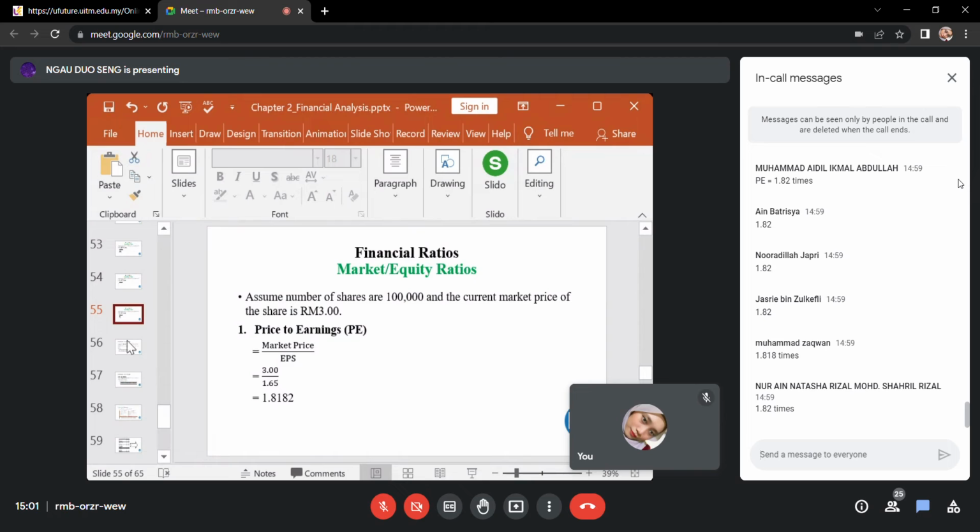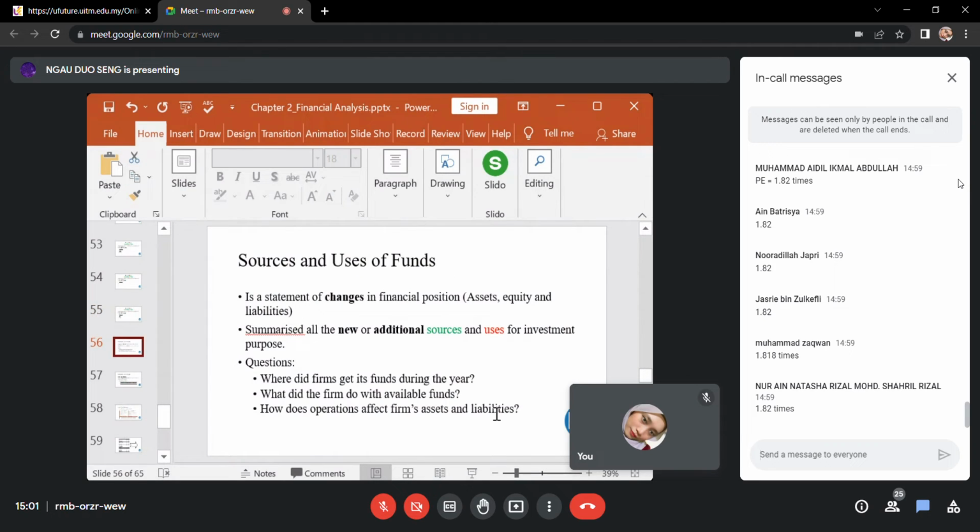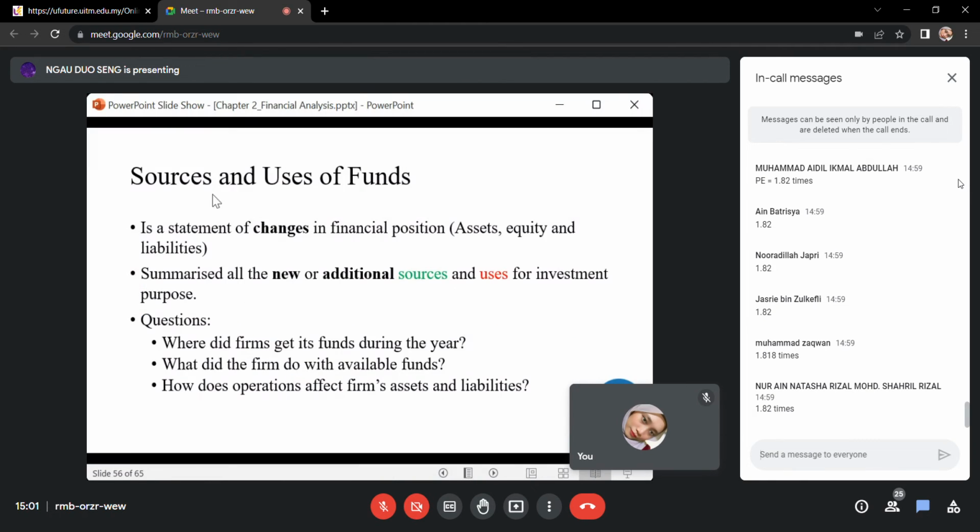All right, so we continue with the sources and uses of fund. The money comes from where and how you use your money. It is a statement of changes in the financial position: asset, equity, and liabilities.